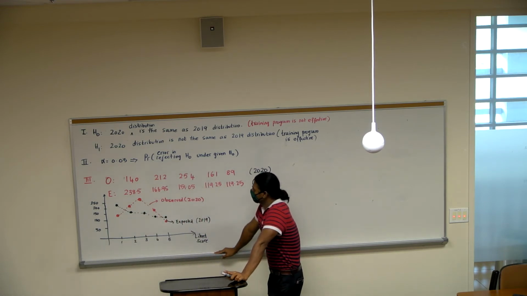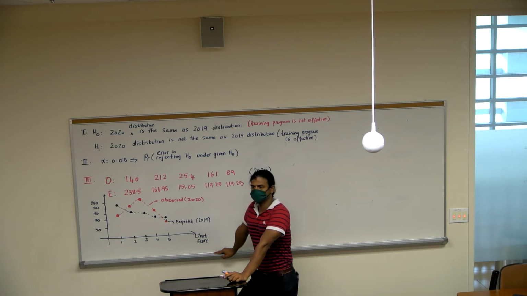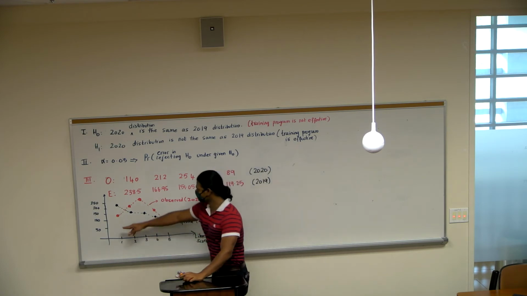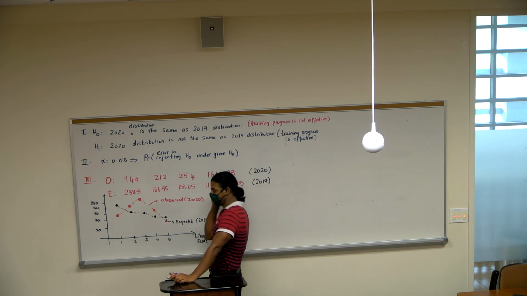So if you were a decision maker, what would you say? Is it better? Is the training program effective? You know, if you're the manager, you may say, hey, look, it went up and it's great.